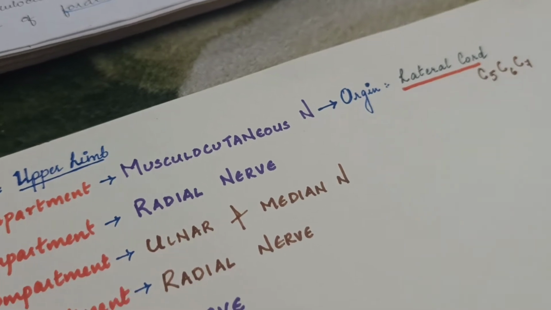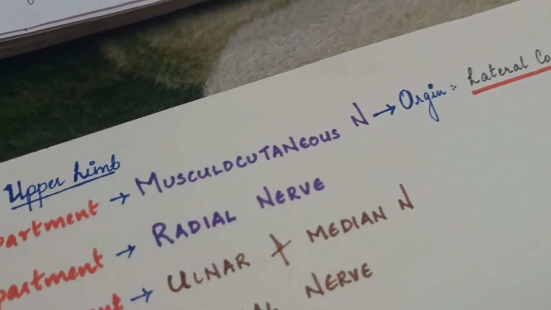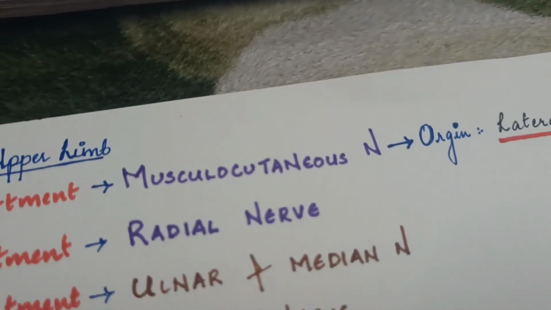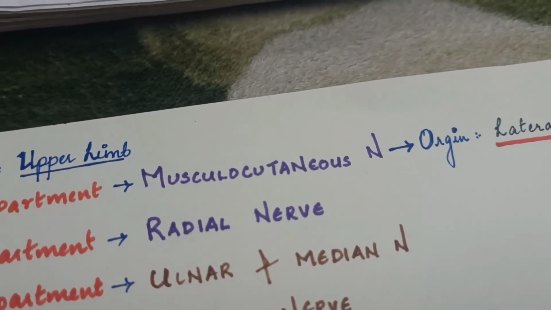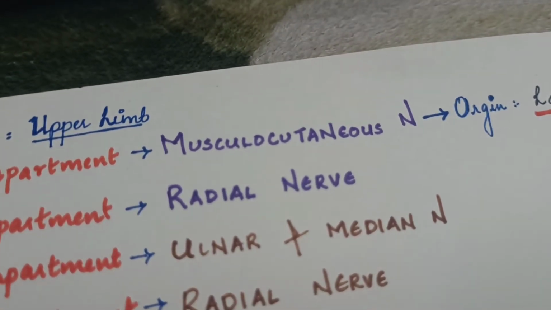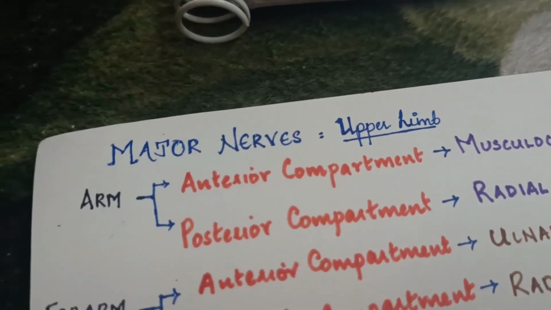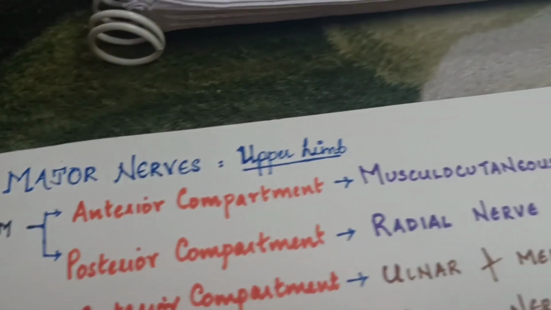Let me explain some nerves in detail. First we will discuss the musculocutaneous nerve. You all know that the musculocutaneous nerve supplies the anterior compartment of the arm.